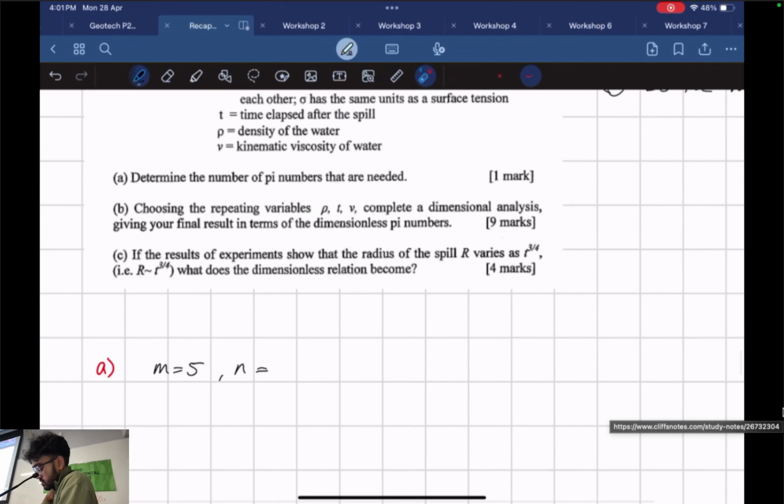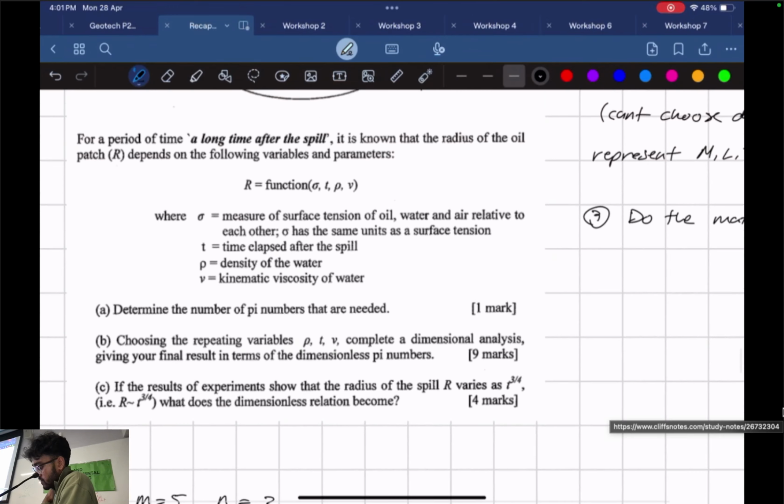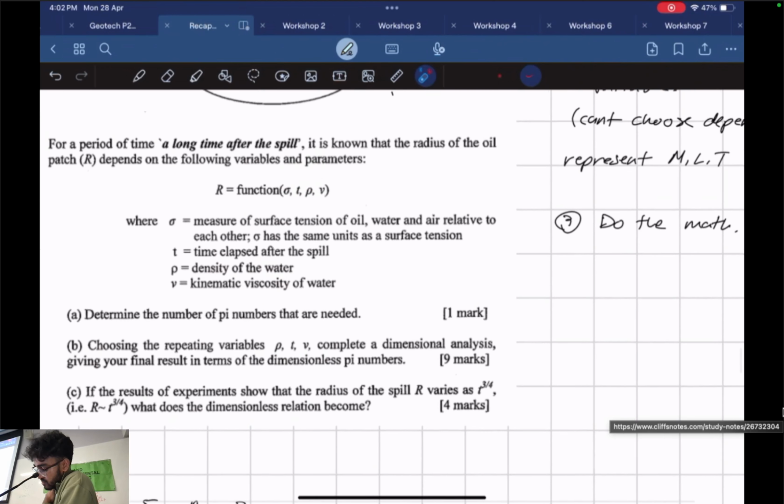It's really good because we have a mass parameter, which is density, so this represents mass. We have a time parameter, which represents the t dimension, and for length, kinematic viscosity represents x.